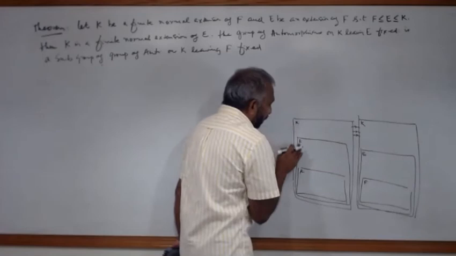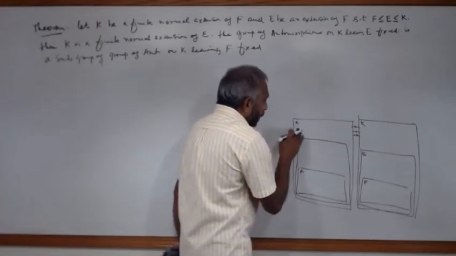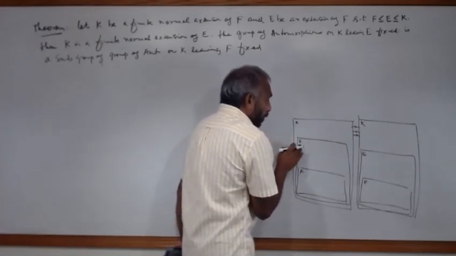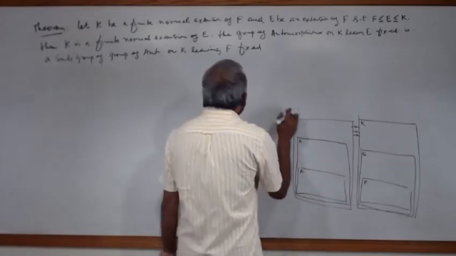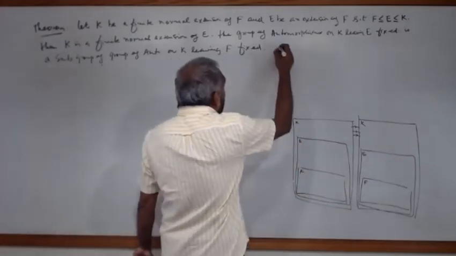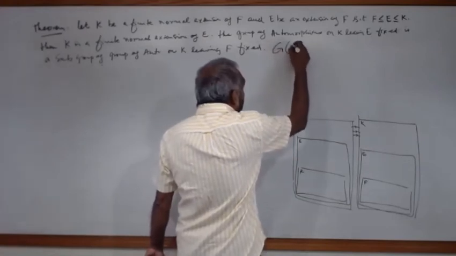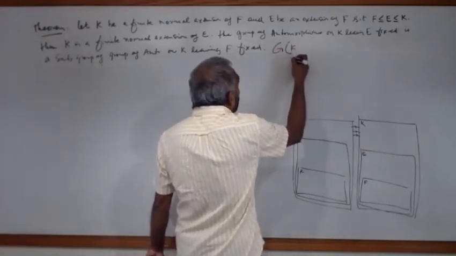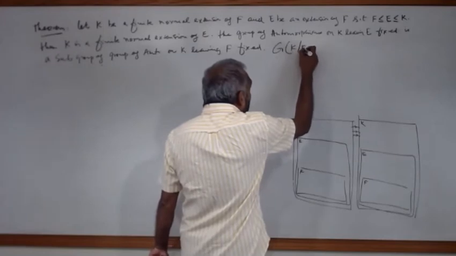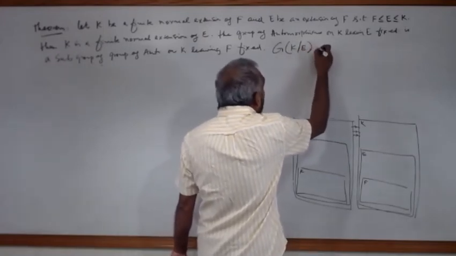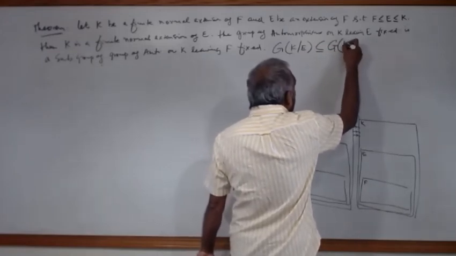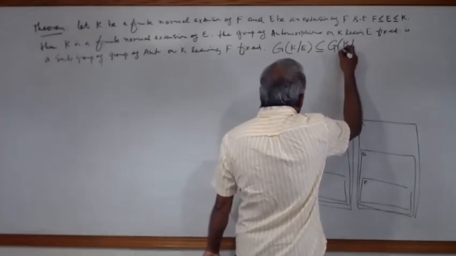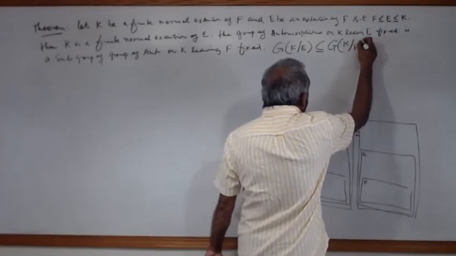Some of them leave F fixed, some of them leave the whole E fixed. So what this says is the group of automorphisms on K leaving E fixed is a subgroup of automorphisms on K leaving F fixed.